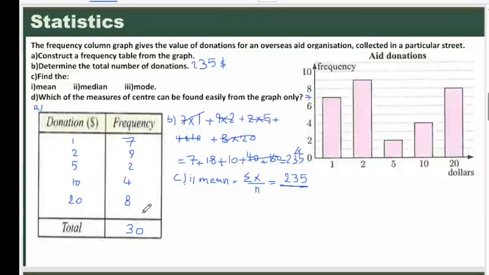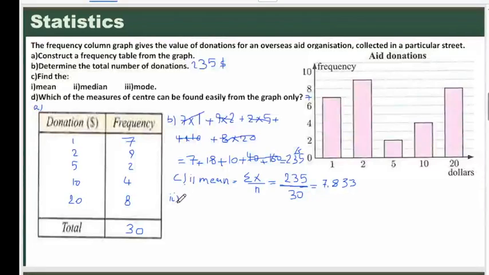How many people? 30 people. So my mean would be 7.83 and 3. Okay, it's my mean.